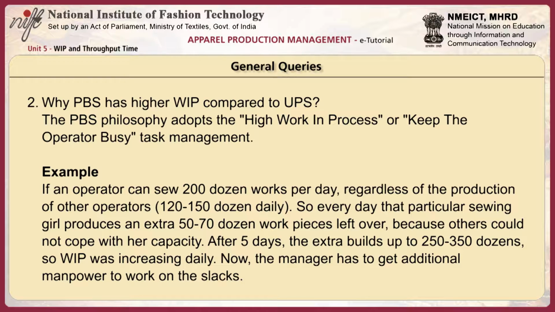If we let this be, after 5 days, the extra builds up to 250 to 350 dozens. So, WIP was increasing daily. Now, due to this scenario, the manager has to get additional manpower to work on the slacks.